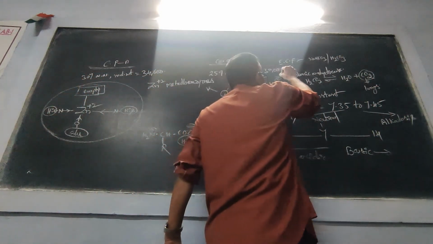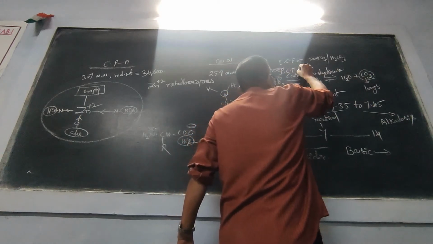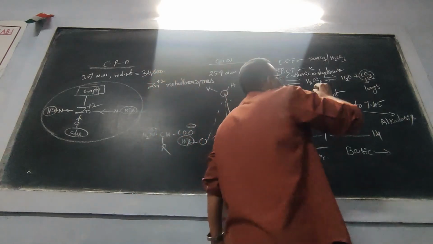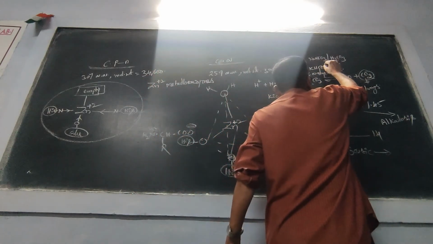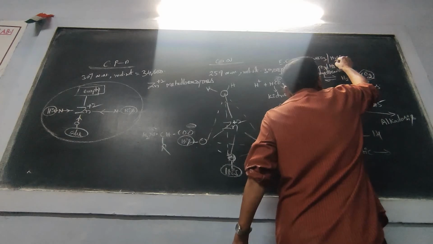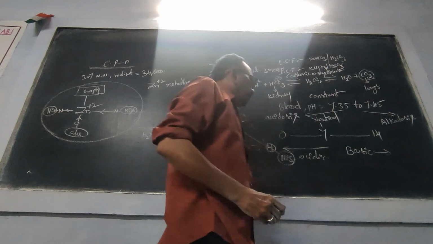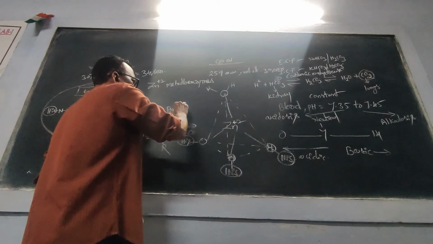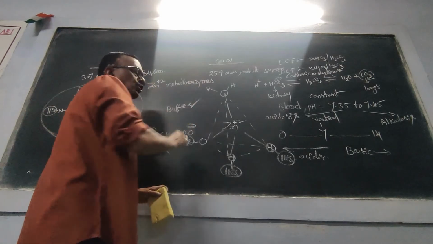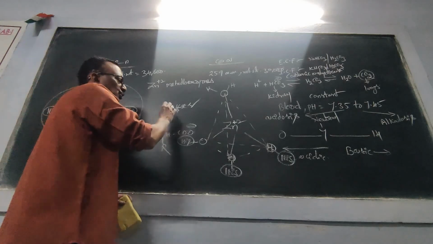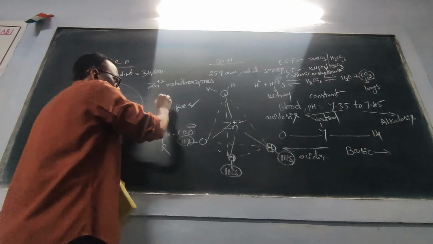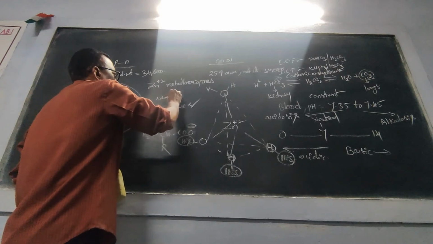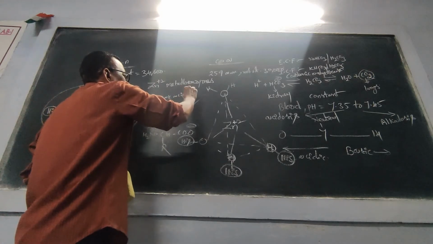And in the case of intracellular fluid, potassium ions are in higher concentration, so we have KHCO3 or H2CO3. Okay. Now let us try to understand what is the meaning of this buffer. Buffer solution is nothing but a weak acid plus its salt.